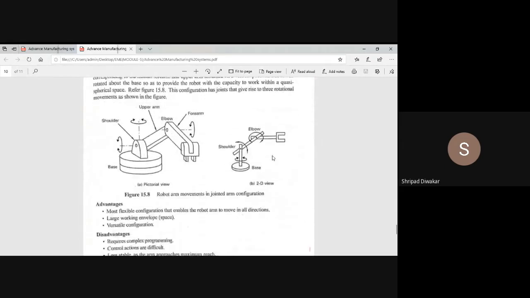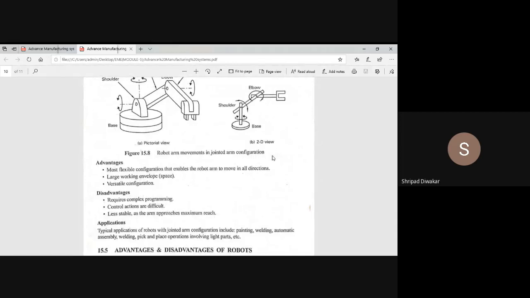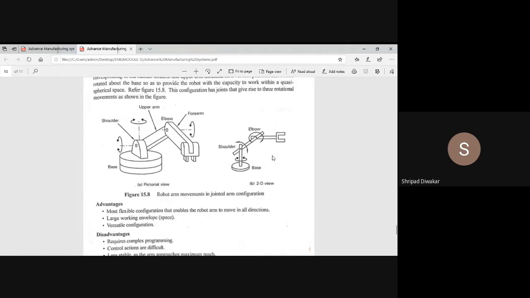Then the advantages: it is the most flexible configuration compared to other configurations, because we have three rotational movements. You can rotate the base. When this base rotates, this upper arm also rotates, and this forearm also rotates. So we have three rotational movements at a time.